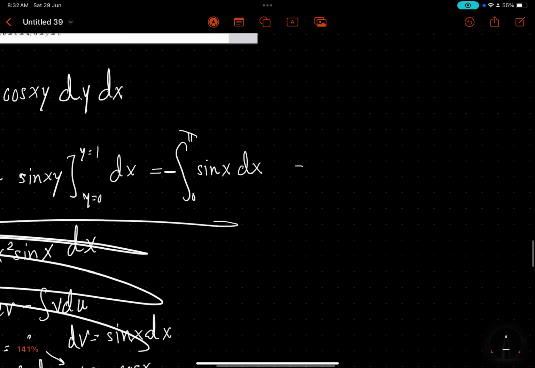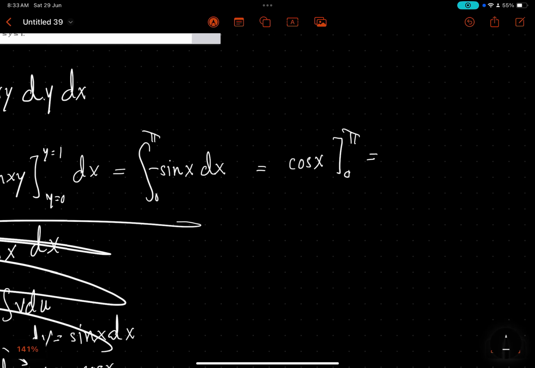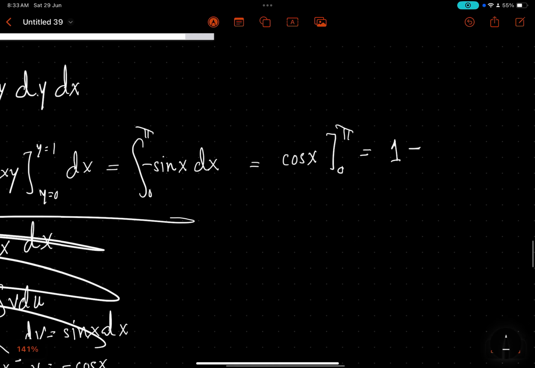Now integrate this, it's going to be cosine of x from 0 to pi. Cosine of 0 is 1, cosine of pi is -1, so -1 minus 1 gives -2.